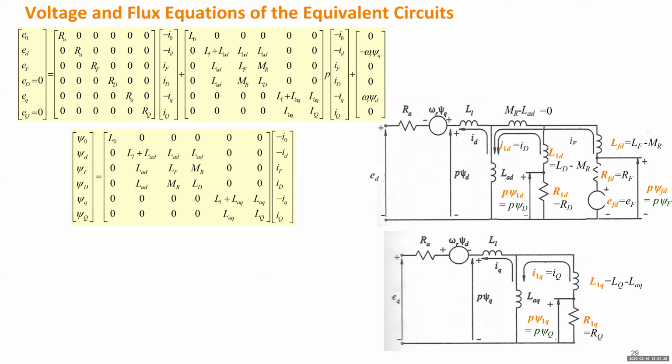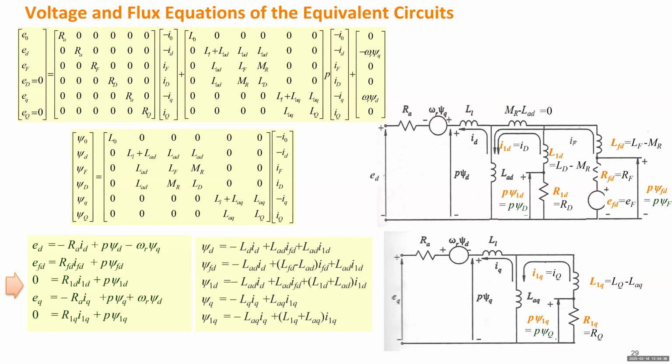We also need to change the voltage equation and flux equation. We are going to rewrite those equations as the following equations. So those equations are exactly equivalent to the original equations. We just change the namings of those inductances or resistances.